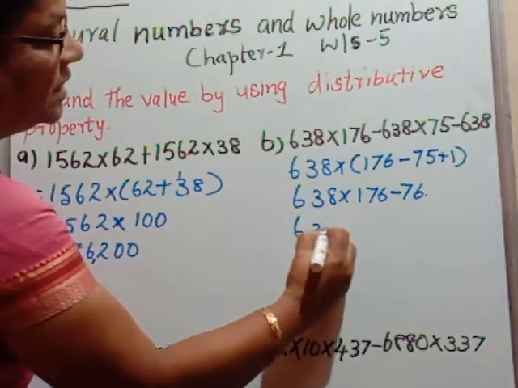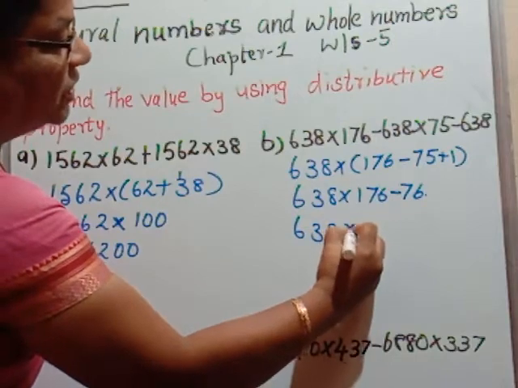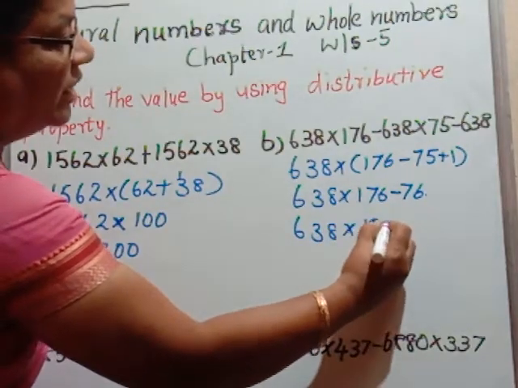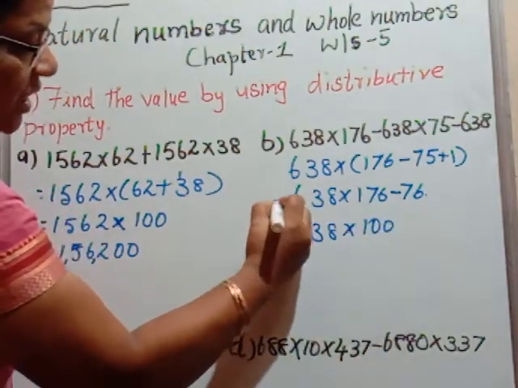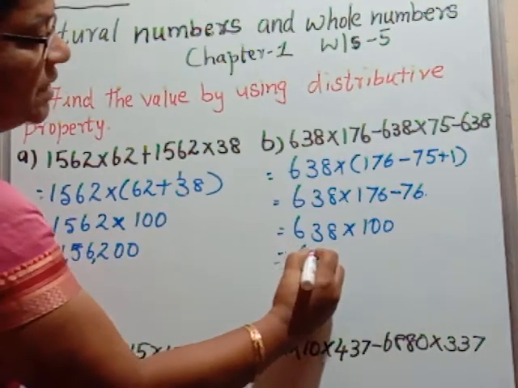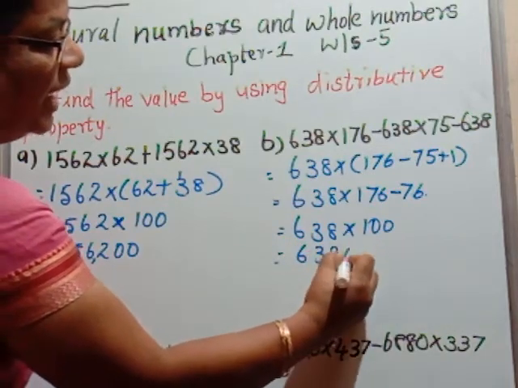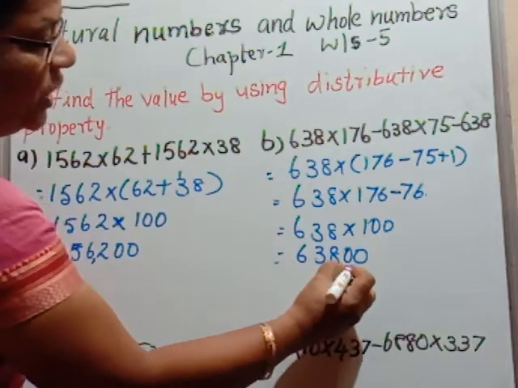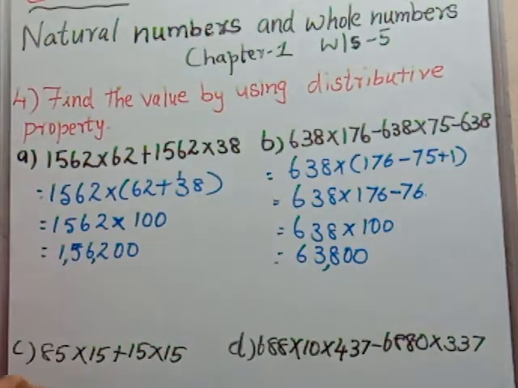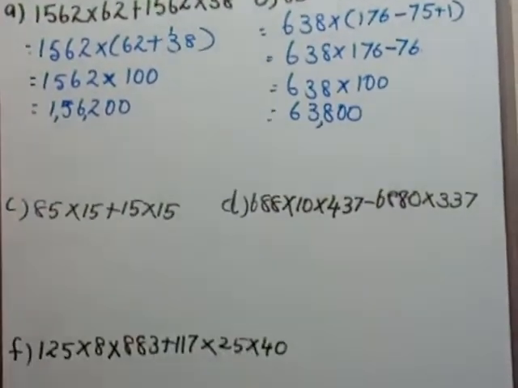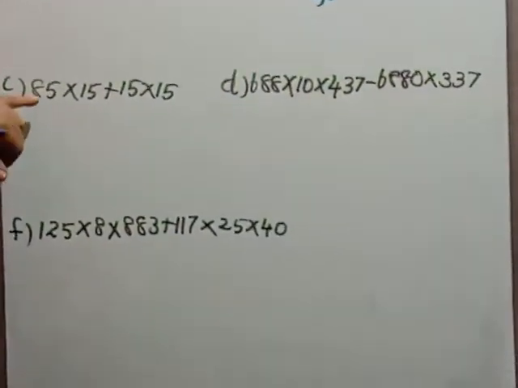So what will be the answer? 638 into 100 times. Understood, children? Now we have to put the answer. 638, add 2 zeros. Your answer will be 63,800.